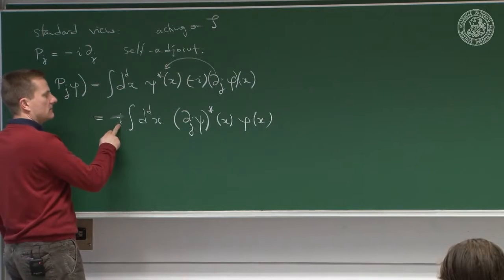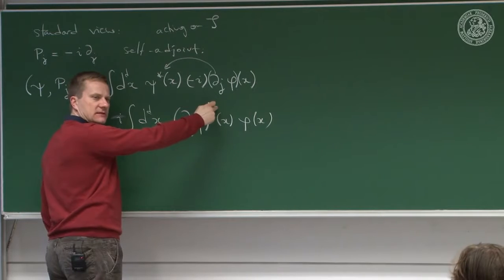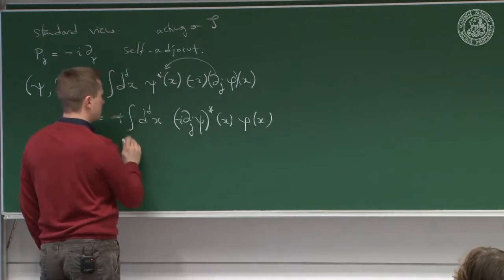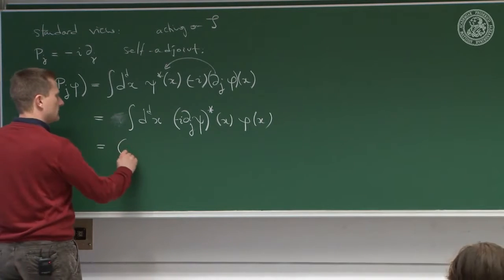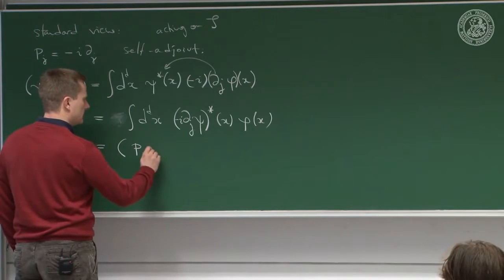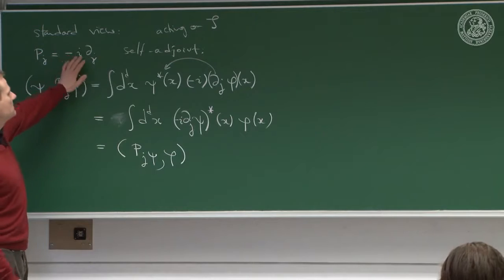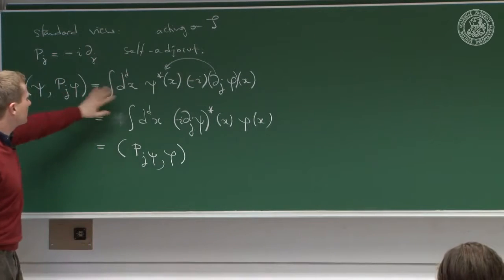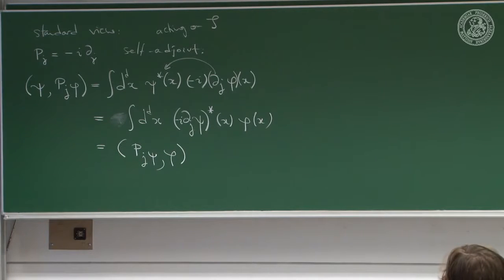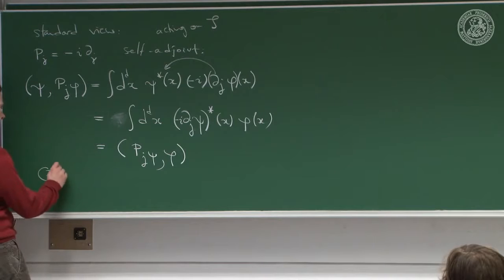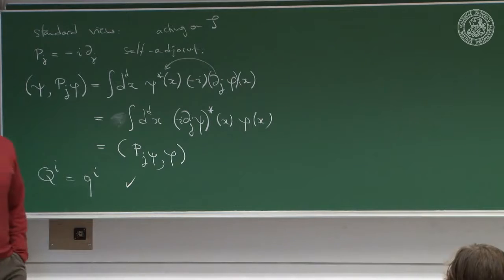Now this i that I have left over can be pulled into the bracket of the object that's being starred. Of course, it gets a minus i because it's being starred. But now it's pretty obvious: this is P_j psi comma phi. So indeed, this choice, where these are Cartesian coordinates on R^d, satisfies this self-adjointness property, and so does the Q_i that just acts by multiplication. It's also self-adjoint. So everything is fine.